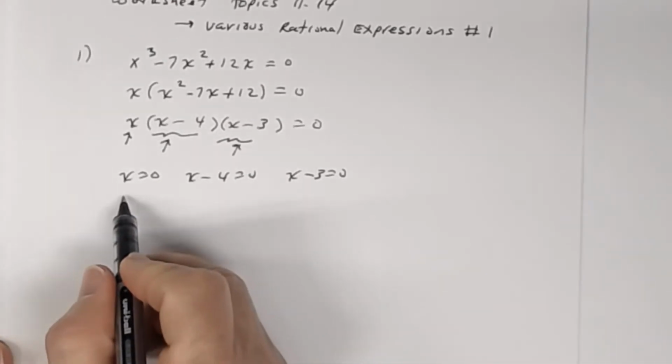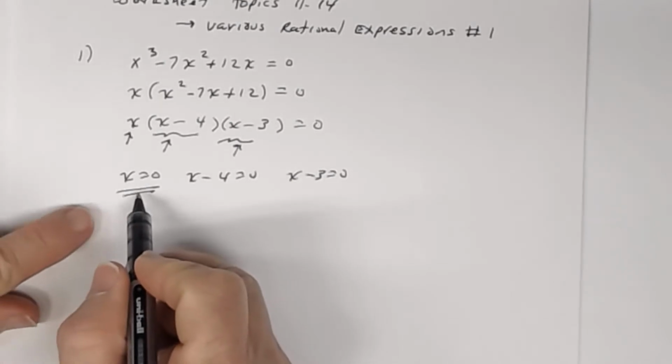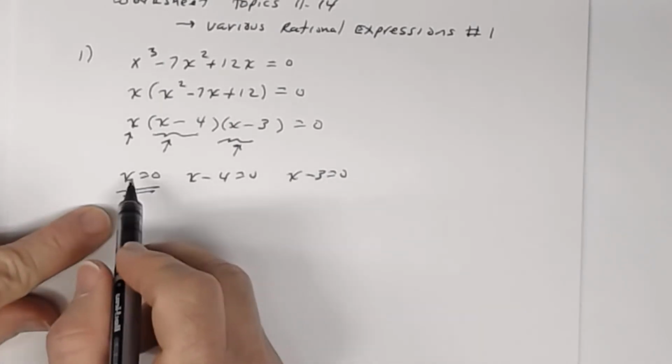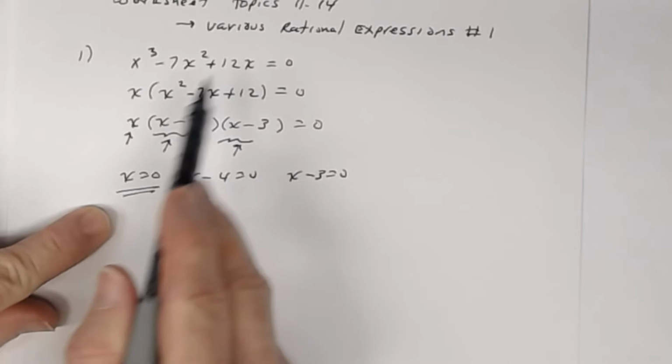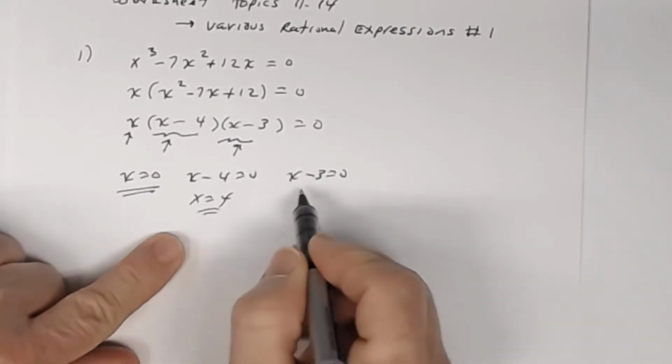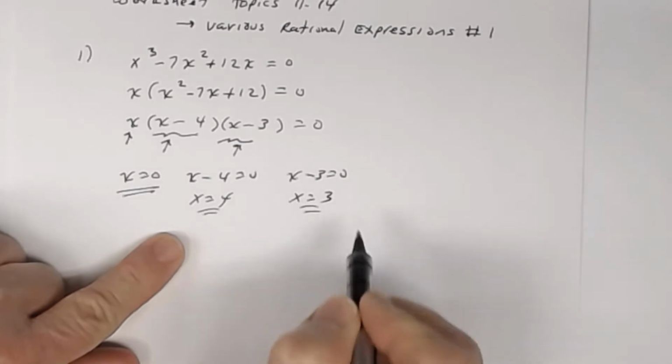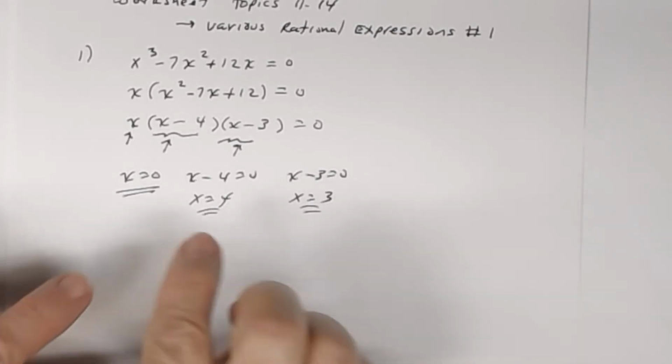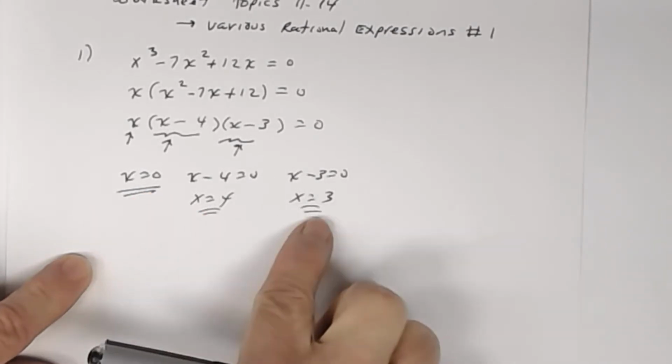The variable x is already by itself, so one of my solutions to this polynomial equation is 0. The other would be x equals 4, and the other x equals 3. Let me remind you what we just found: three values for the variable.